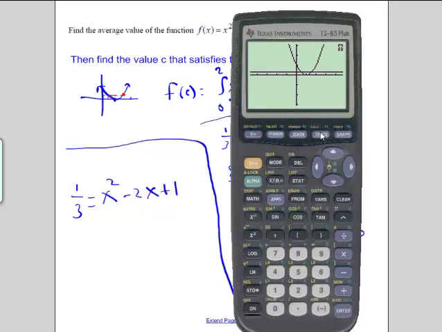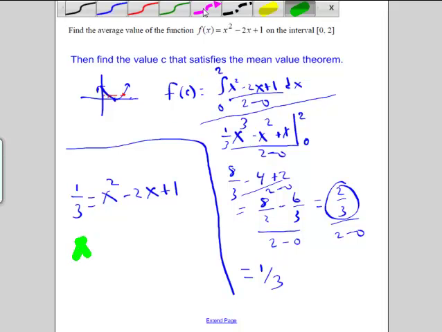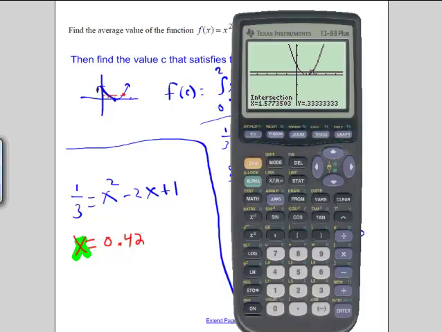Second calc, intersect. The first intersection is at 0.42. I'll find the other one. I'll pause the video and do that. So our second one is at 1.58.